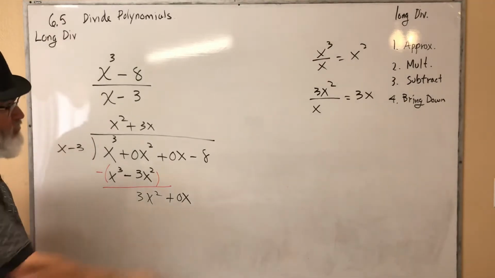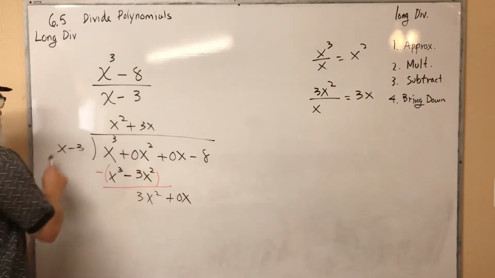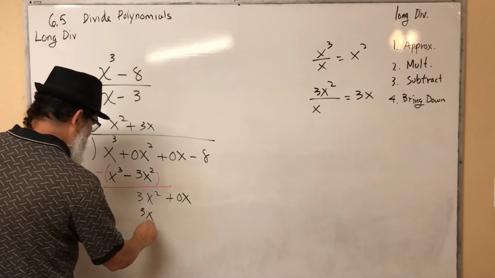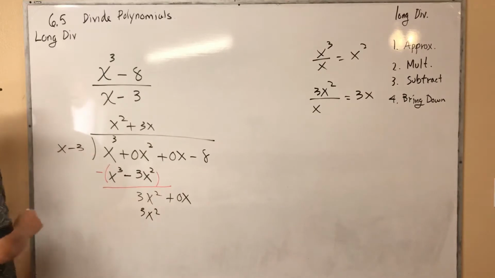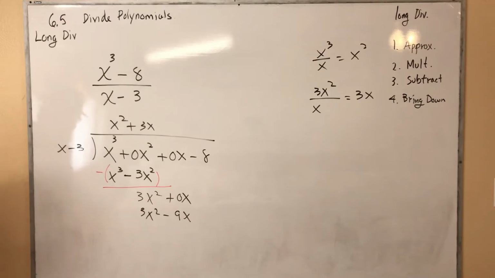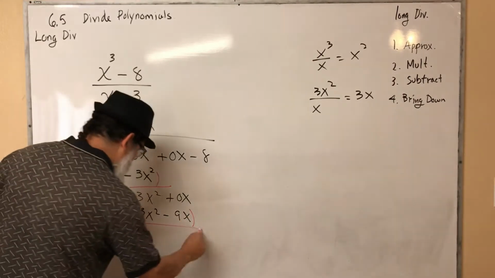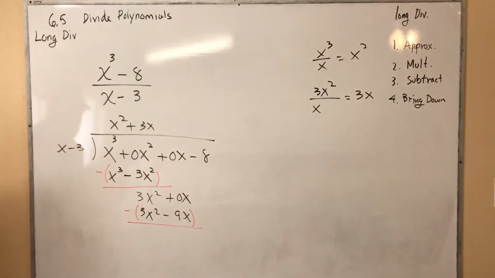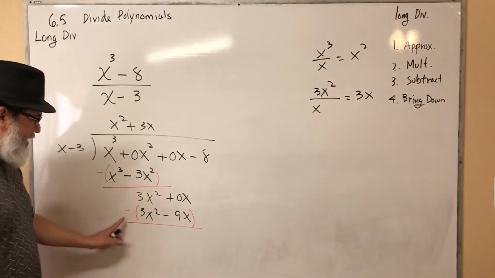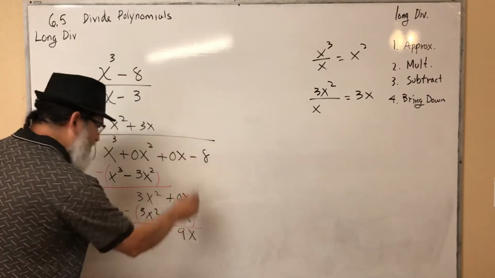Multiply the second. 3x times x is 3x squared, and 3x times negative 3 is negative 9x. Subtract. And then this becomes negative, you get 0, and this becomes positive, and you get 9x. Bring down minus 8.